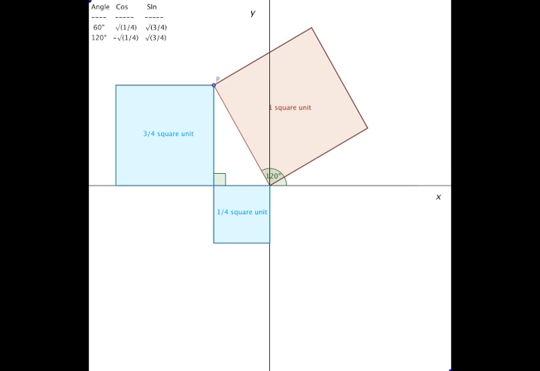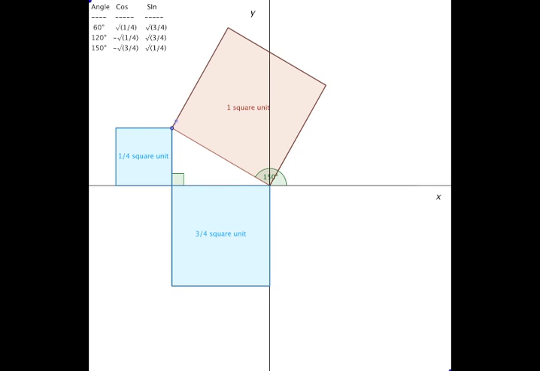Rotating again. The sine and the cosine have traded places, except the cosine stays negative and the sine stays positive. It's the same 30, 90, 60 triangle, but oriented in a different way.